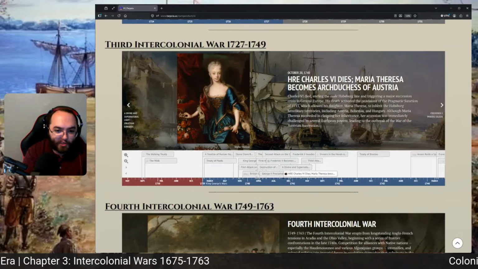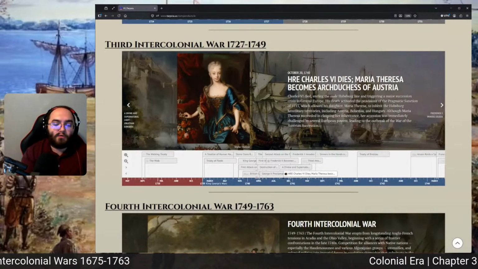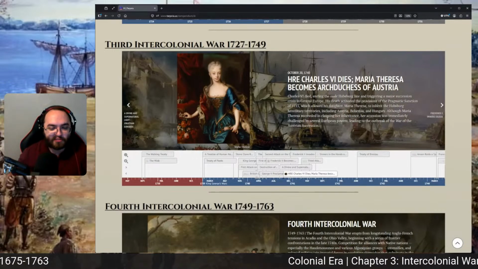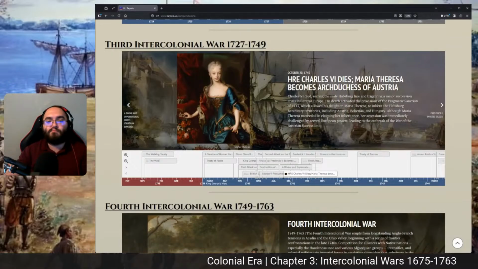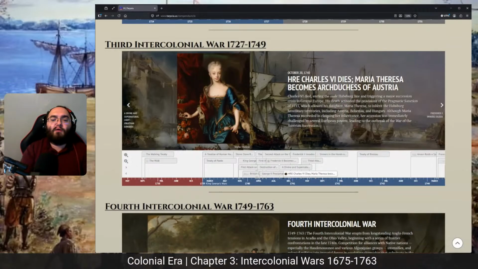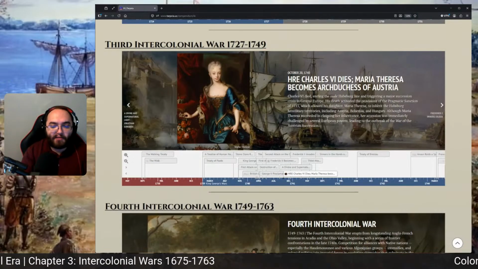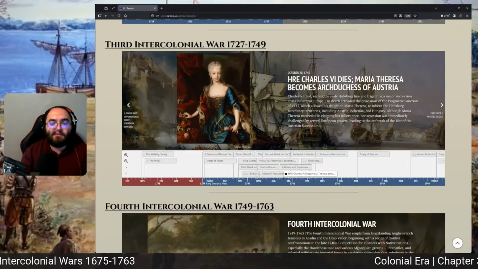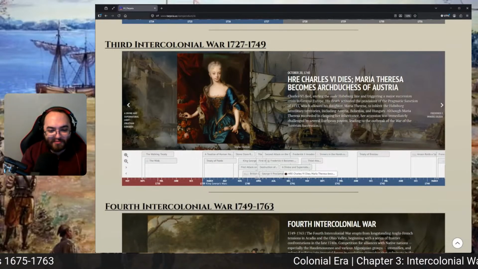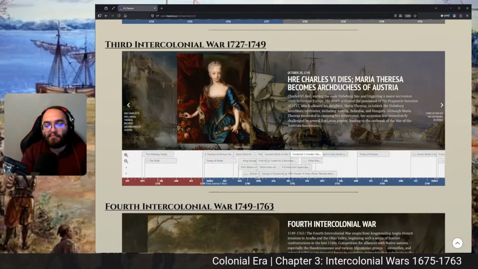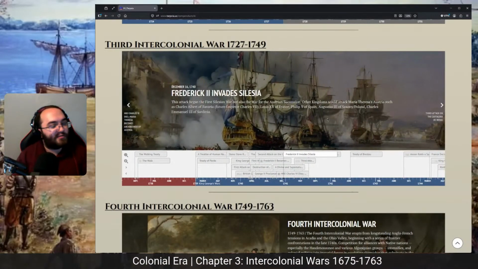Remember, the British are aligned with the Austrians at this time. The Austrians, now under Maria Theresa, are going to fight the Prussians. And that's going to happen. That's the next event on the timeline.